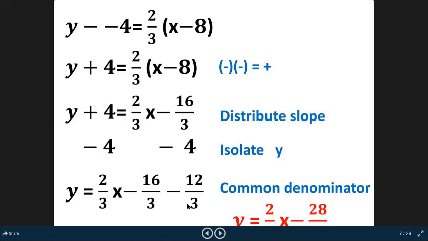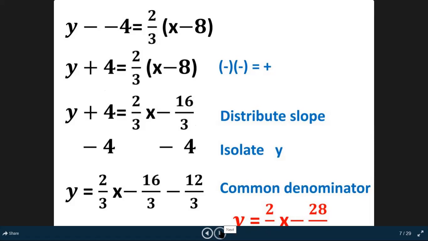You can calculate it directly: negative 16 over 3 minus 4 is negative 28 over 3. This way, we transfer point-slope form to slope-intercept form. Any questions so far before we move to the next point?